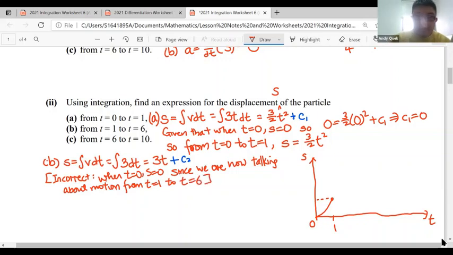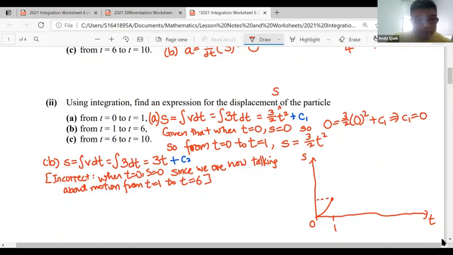Okay. So this is where the graph that I drew, the first part for displacement time graph, may come in helpful. I drew an incomplete graph. What is that missing dotted value over there?